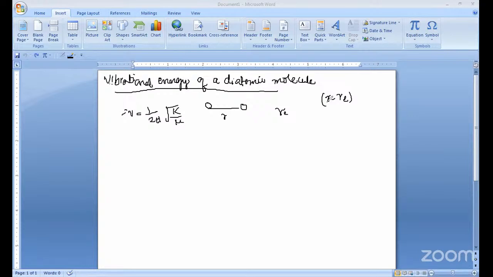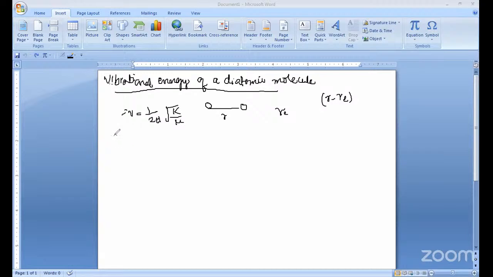Now the force between them is given by the general F equals minus Kx. Understand? F equals minus Kx.